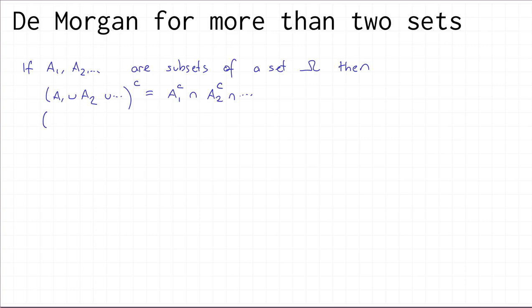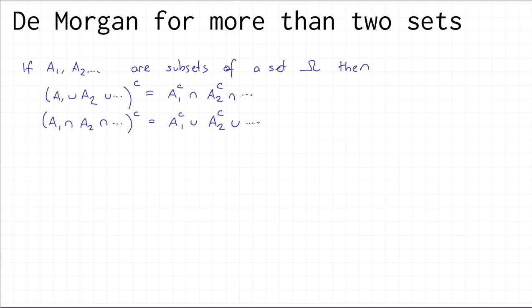The other De Morgan's law is for intersections. If you take the intersection of A1 and A2 and so on as many times as you like, even infinitely many times, and you take the complement of that, then the result is the union of A1 complement and A2 complement, and so on.